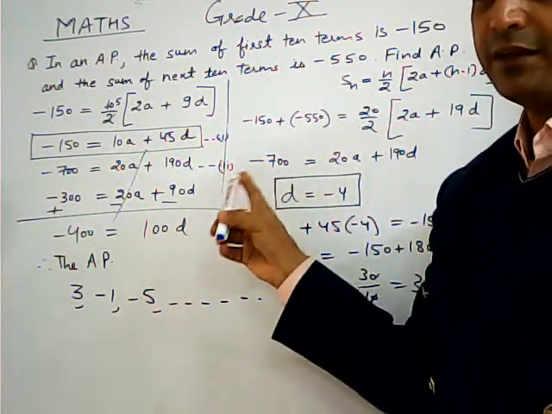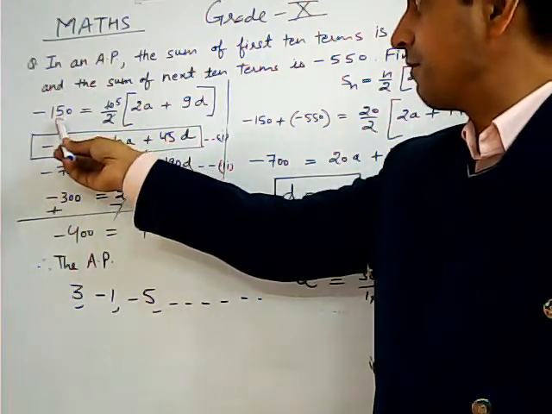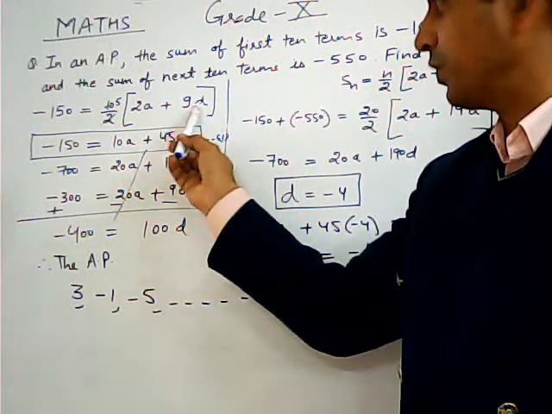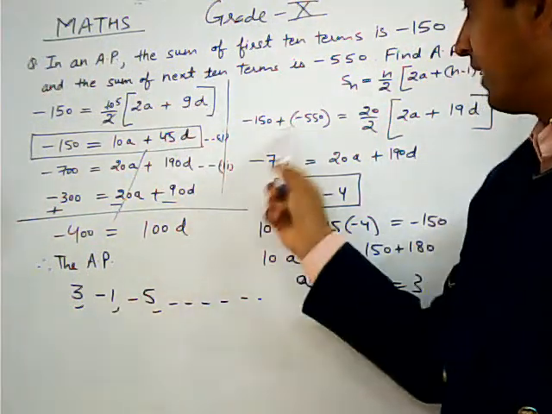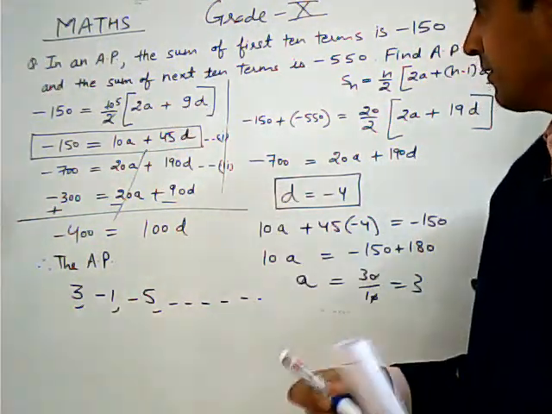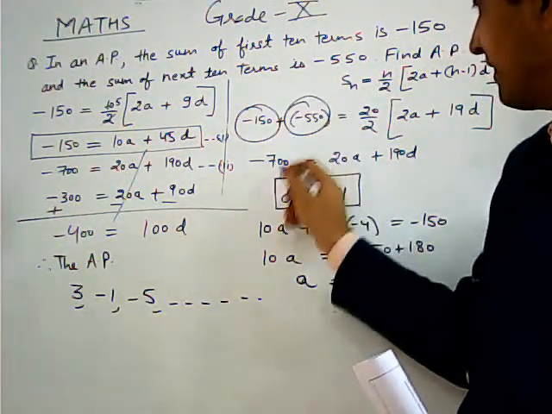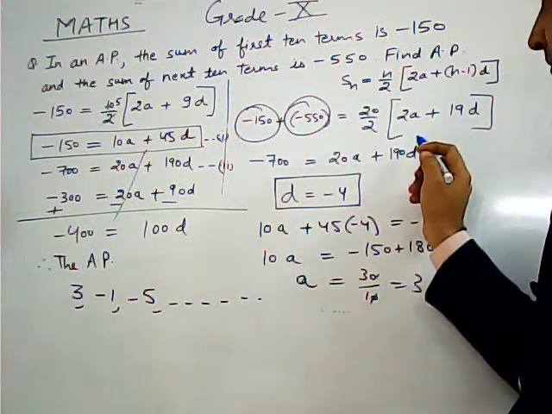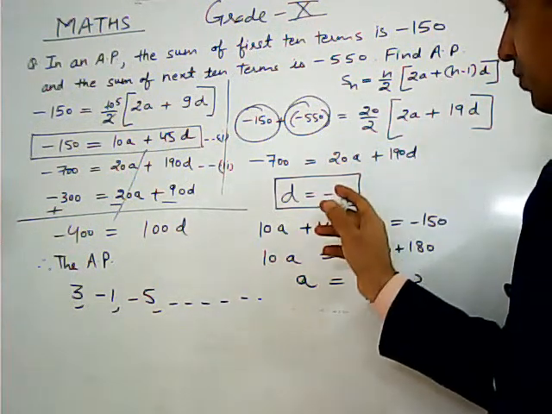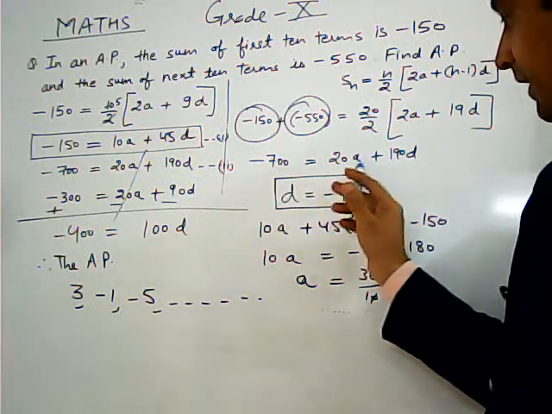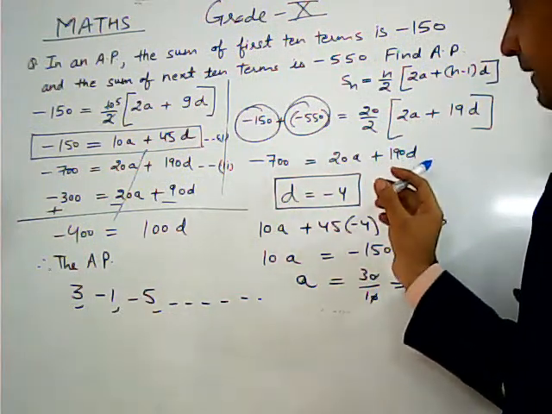We began with the sum of first 10 terms, n by 2 into (2a plus (n minus 1) d), and then added the sum of the first 10 and next 10 terms, that is the sum of first 20 terms, giving minus 700 is equal to 20a plus 190d.